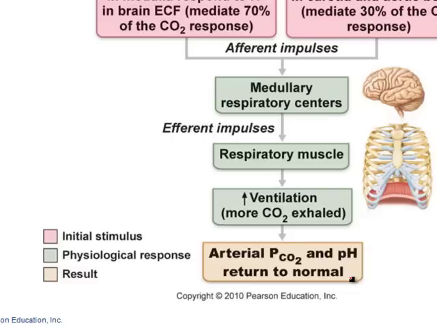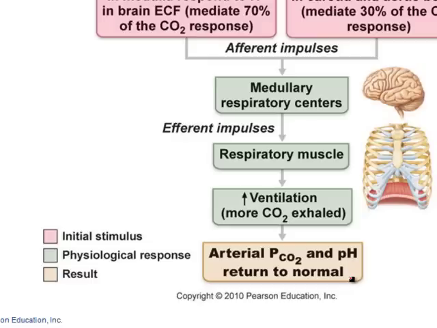Okay. Arterial PCO2. What's that? Partial pressure that's being exerted by carbon dioxide in the arteries. An increased carbon dioxide partial pressure decreases pH in the brain's extracellular fluid. What's another name for that stuff called? Cerebrospinal fluid.